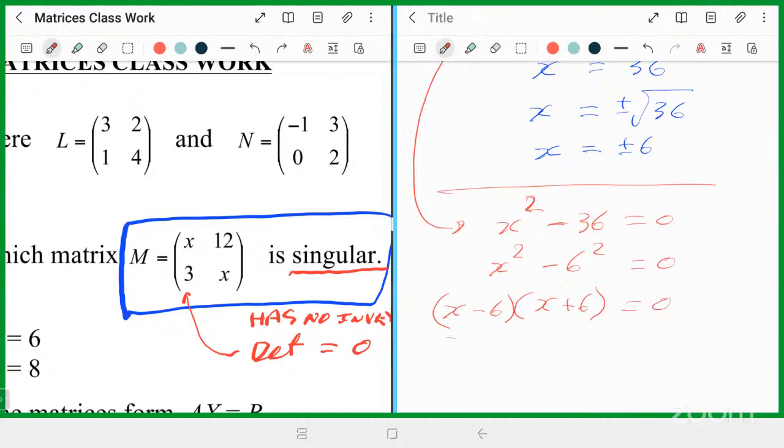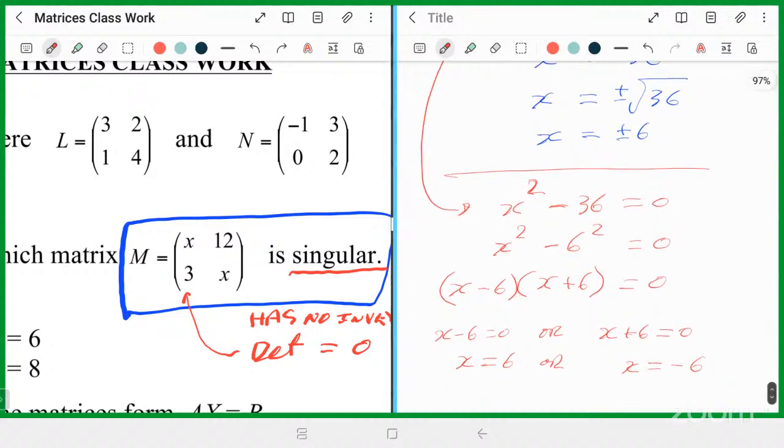Now remember, when you have the product of two values equals 0, either x minus 6 equals 0, or x plus 6 equals 0. If I transpose this negative 6, I get x equals positive 6, or if I transpose this positive 6, it becomes negative 6. So x equals negative 6. That's another way to see why it would be plus or minus, by factorizing this as the difference of two squares.